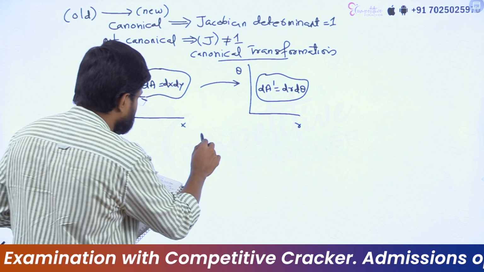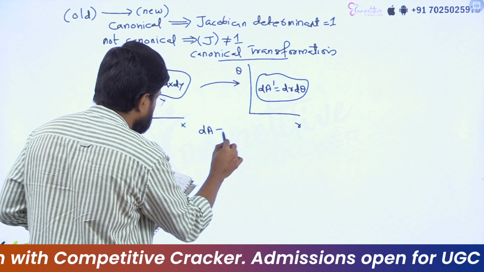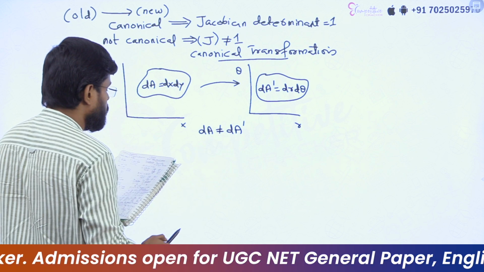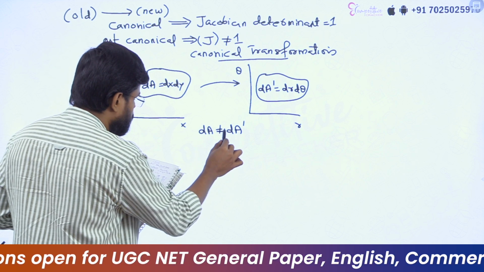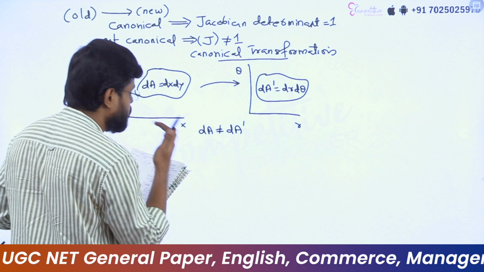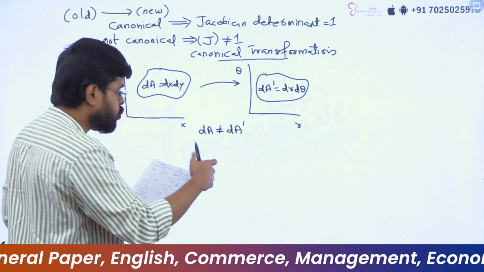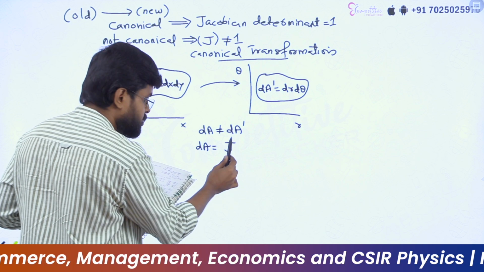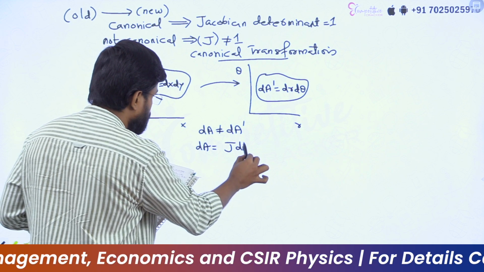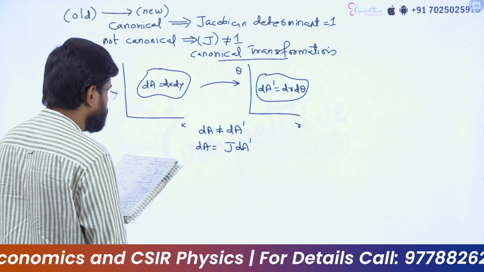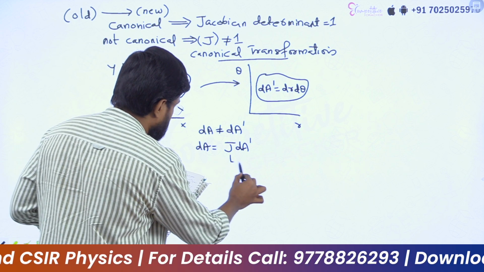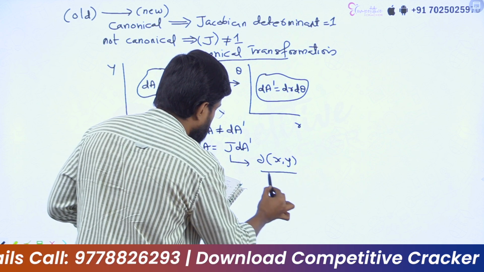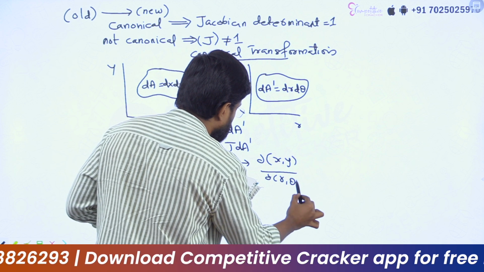These two areas may not be the same, so dA will not be equal to dA prime. But if you multiply dA prime with a factor, then they will be equal. So dA will be equal to J into dA prime, where J is defined as dou of x comma y by dou of r comma theta.